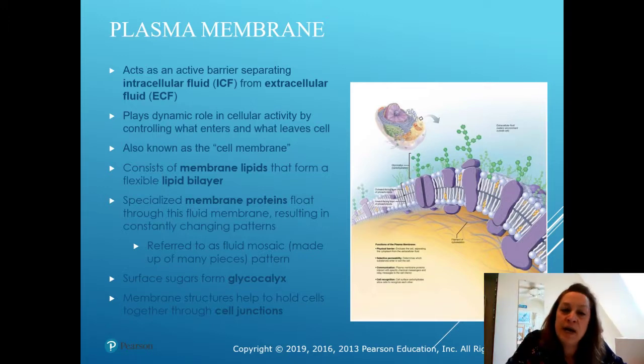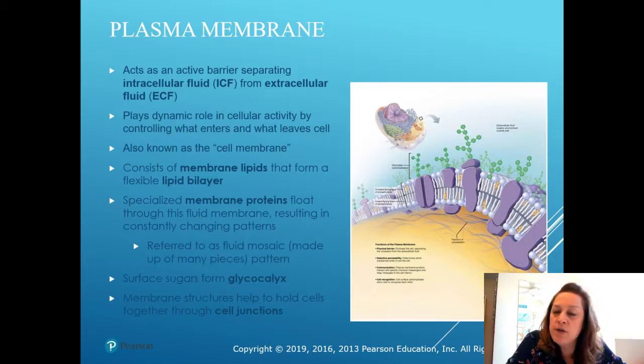You can see on the right the little white spheres with two tails extending from them. Those are called phospholipids. Anything that's purple is going to be a membrane protein, and anything in the green hexagons that are sticking up off of those proteins is going to be called surface sugars, called the glycocalyx.